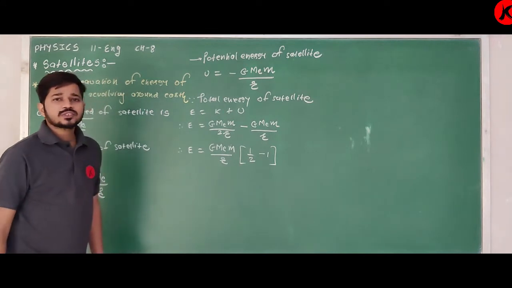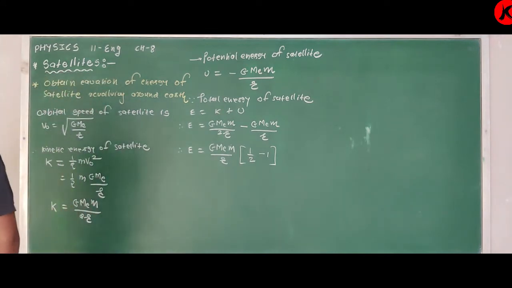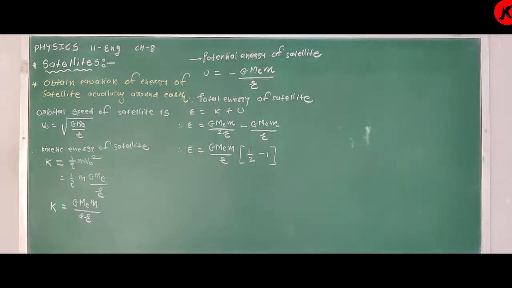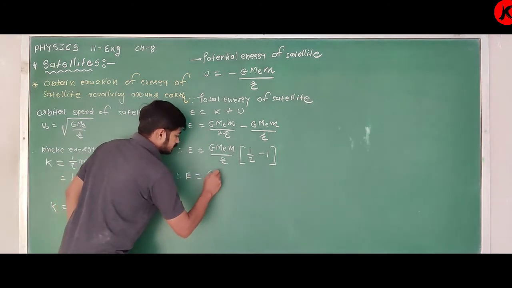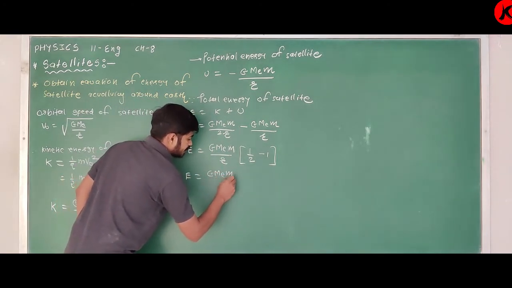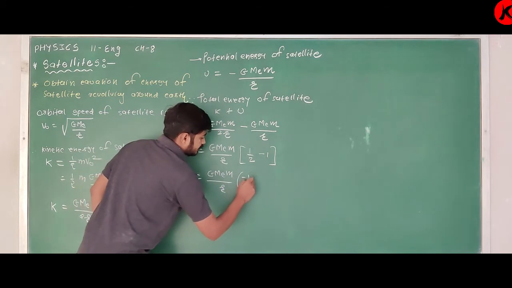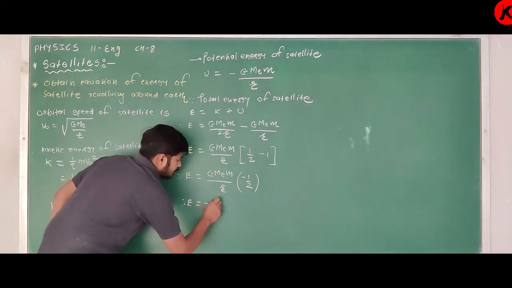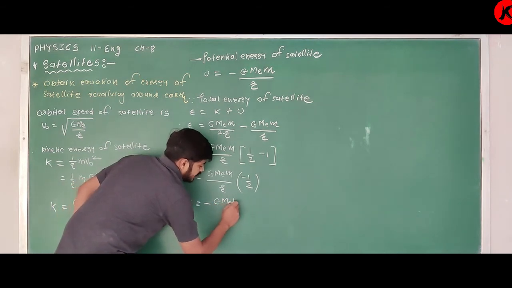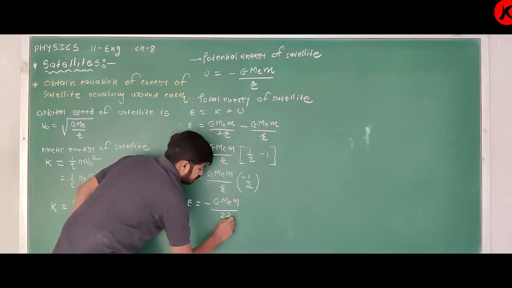Now 1 by 2 minus 1 is minus 1 by 2. So therefore E is equal to minus G Me m upon 2r.